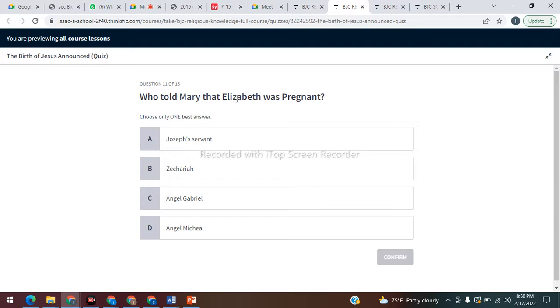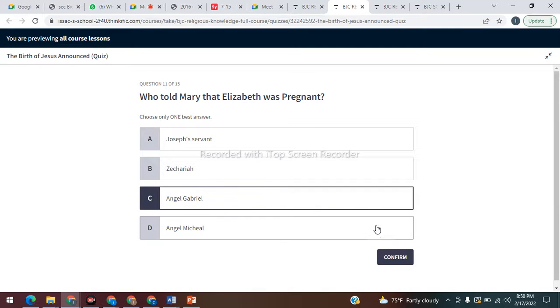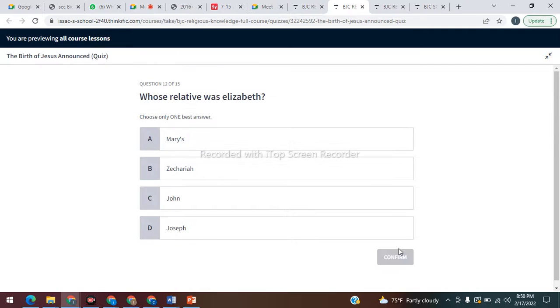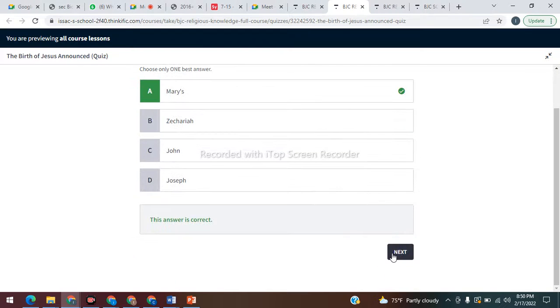Who told Mary that Elizabeth was pregnant? The angel Gabriel. Whose relative was Elizabeth? Mary's. They were what? Cousins.